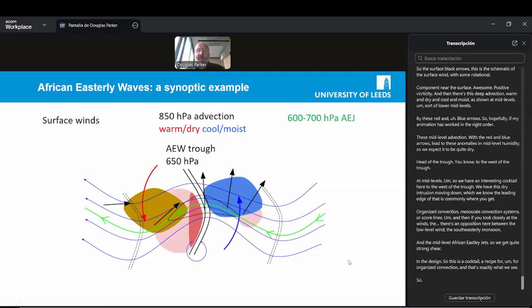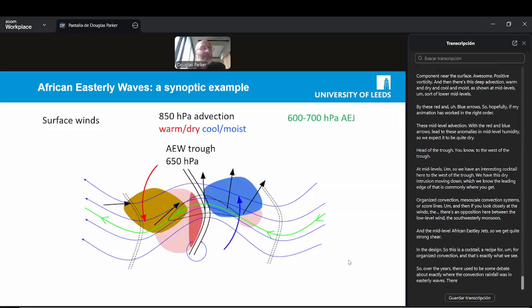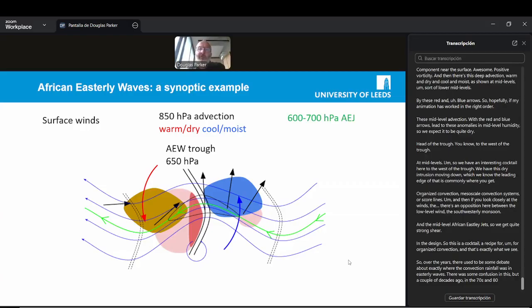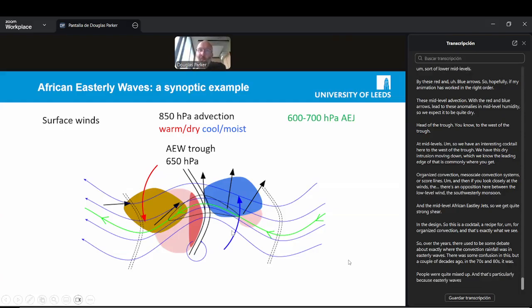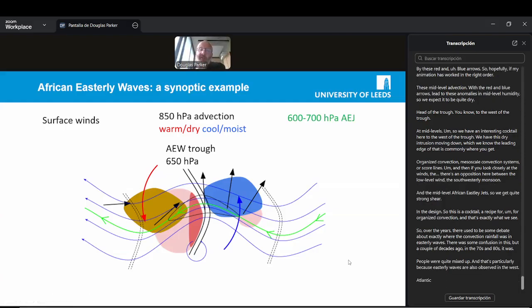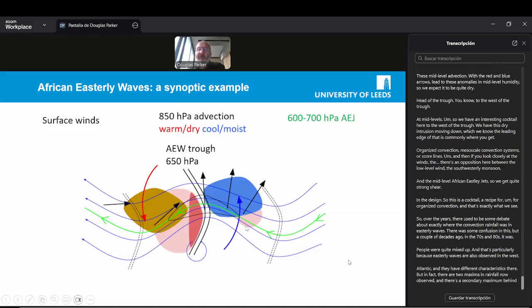So over the years, there used to be some debate about exactly where the convection rainfall was in easterly waves. There was some confusion in this a couple of decades ago, in the 70s and 80s. People were quite mixed up. And that's particularly because easterly waves are also observed in the West Atlantic, and they have different characteristics there. But in fact, there are two maxima in rainfall now observed, and there's a secondary maximum behind the trough.